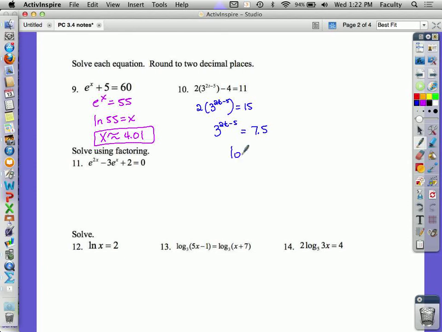So this is going to be log 7.5 base 3 equals 2t minus 5. Do you guys realize that on the left, I can figure that out. I know the log of 7.5 base 3, and I'm getting 1.83.